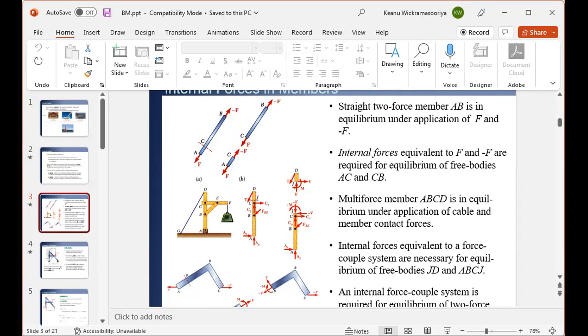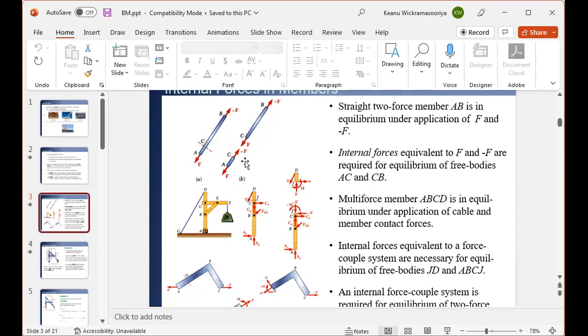If that is the case, then when you load the beam it would immediately try to move away. That doesn't happen. That means even if you make an imaginary cut at point C, these two parts must still be in equilibrium. Now the problem is how that internal force is generated.